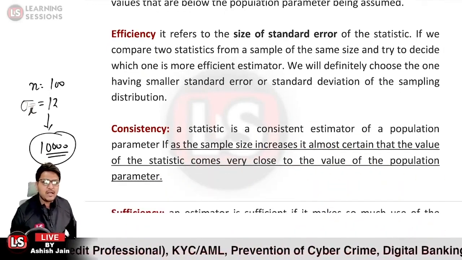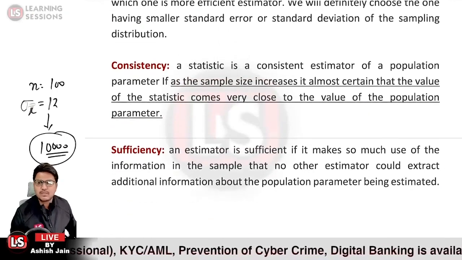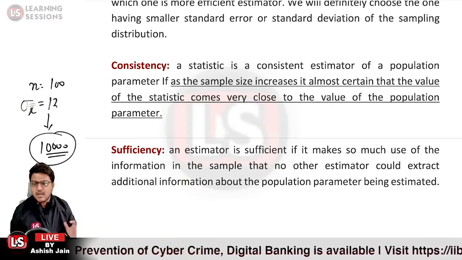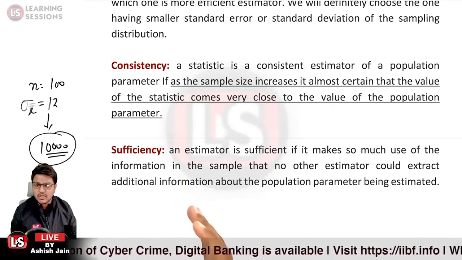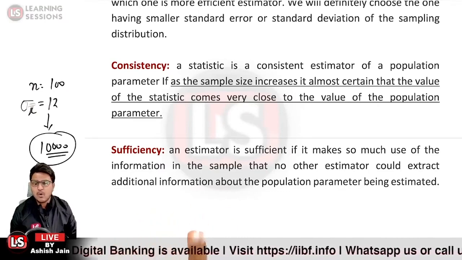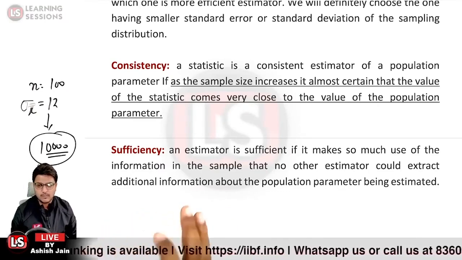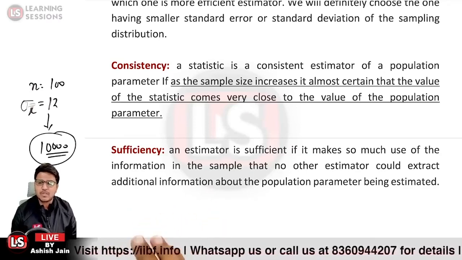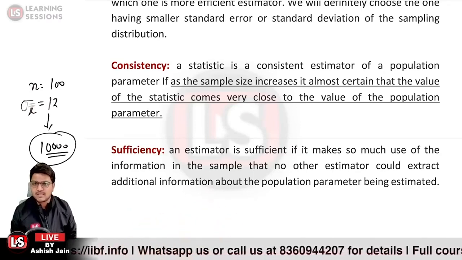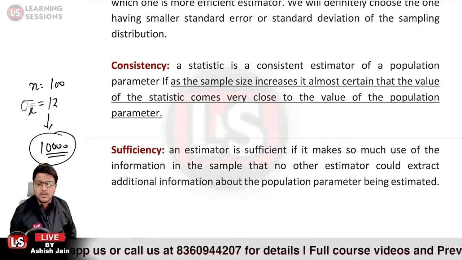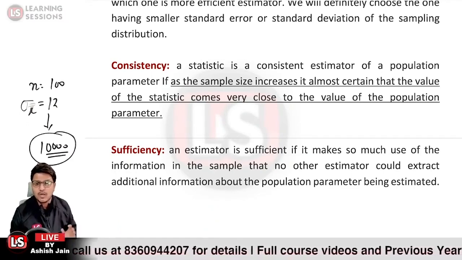Then it is related to sufficiency. Our estimator must be sufficient enough that we are able to extract most of the information out of it, more than any other estimator can extract. That is the beauty of statistics, because from a very small chunk of entities we want to infer all about the population.